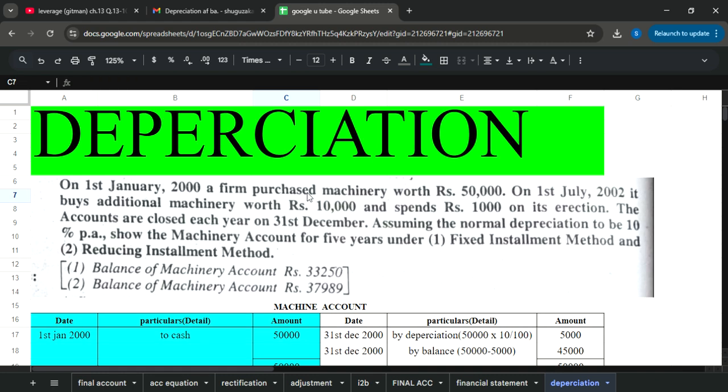One more time I will explain why we are writing 11,000 while the machinery's price was only 10,000. Please note, the value of the machine was 10,000 but we have spent 1,000 on its erection. Erection is basically a capital type of expense, that is why the value of the new asset would be increased. Instead of 10,000 you will write 11,000.